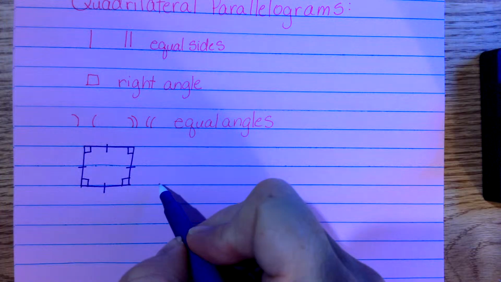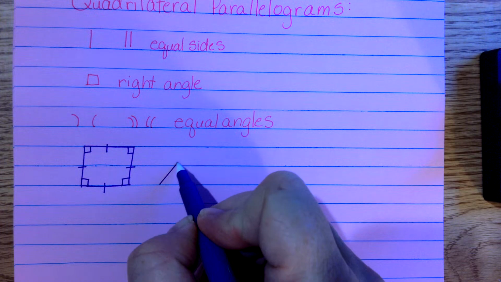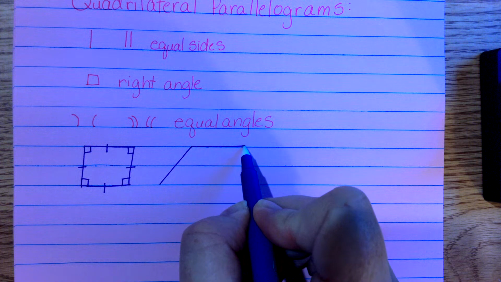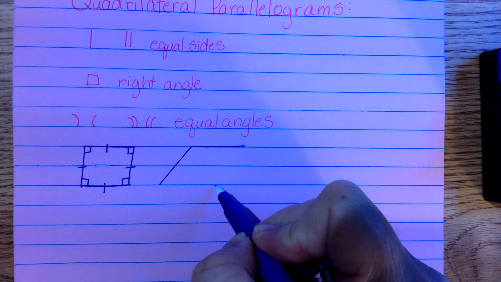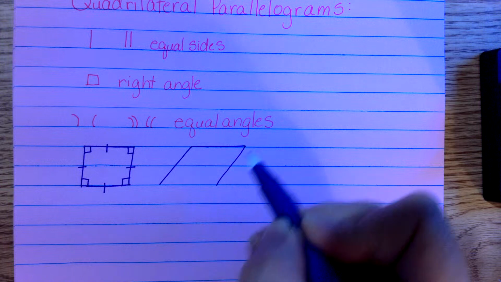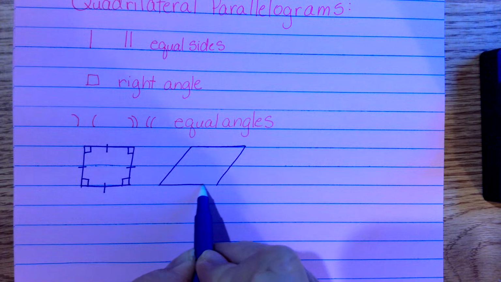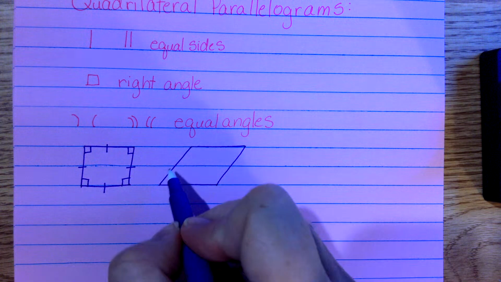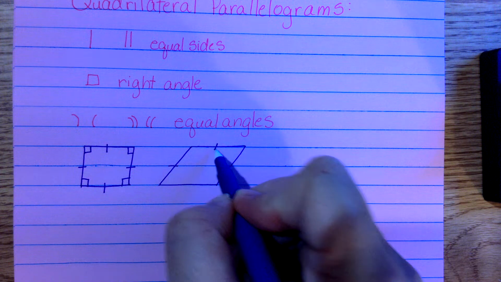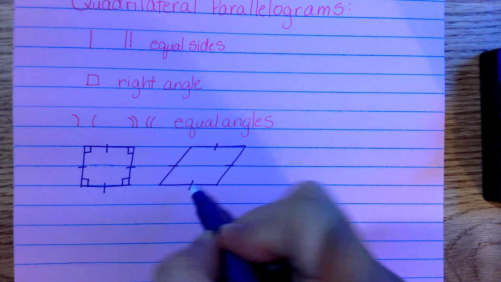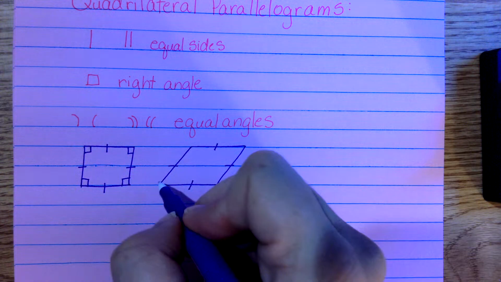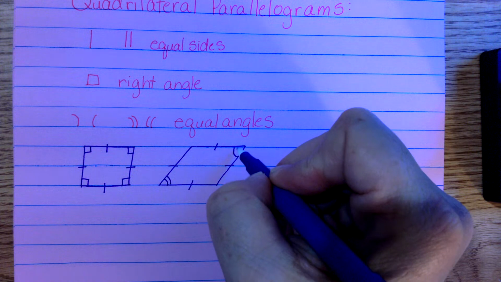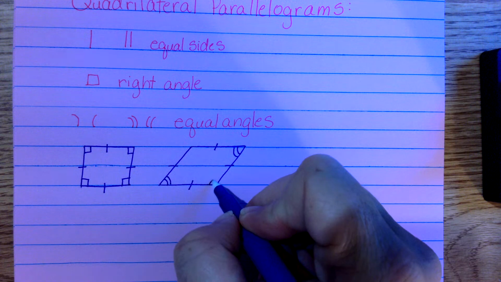Okay, here's our parallelogram that is a rhombus. All right, so for a rhombus, all of our sides are equal sides. And these are the angles that match. And these angles match.